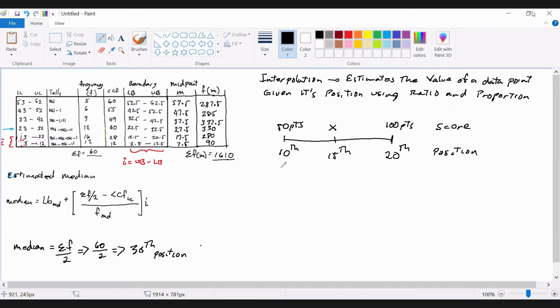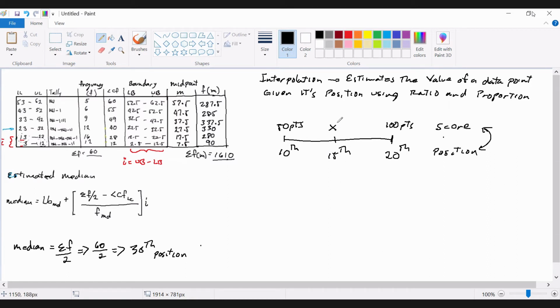That means now the 10th place garnered 50 points. The 20th place garnered 100 points. So we have two values that we are comparing, the score versus its position. We know the 15th, the position that we are looking for, but we do not know the score.